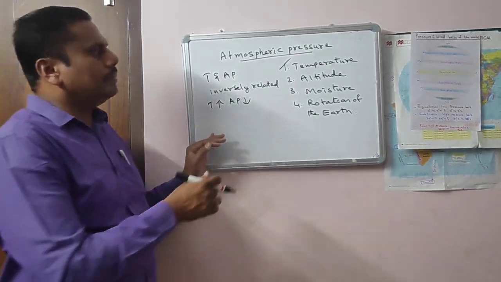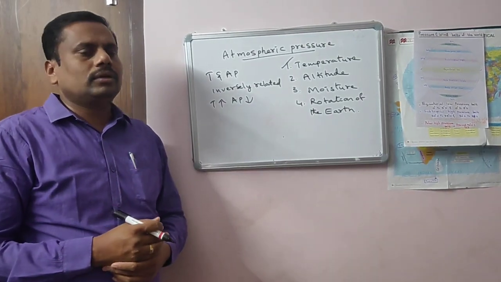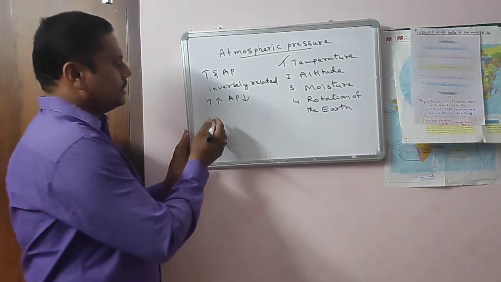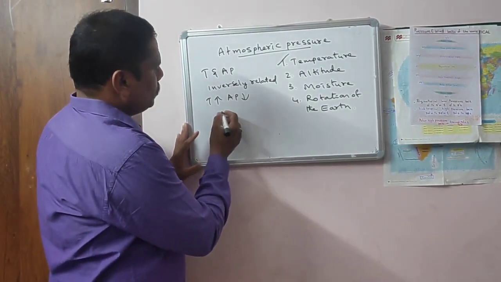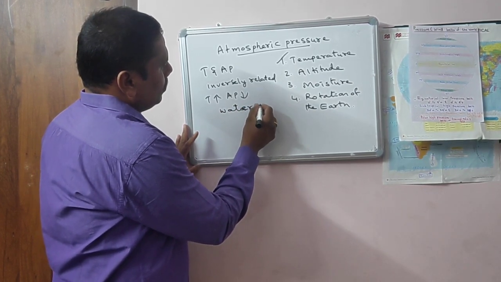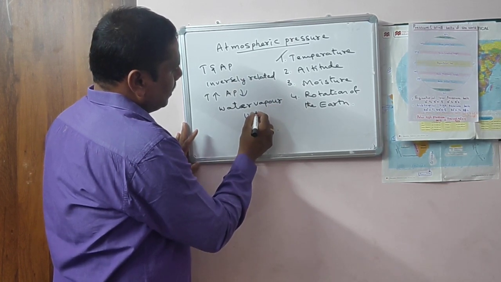And now coming to moisture. If the atmosphere contains more moisture, the atmospheric pressure is less. Why? Because that is water vapor. Water vapor is lighter than dry air.